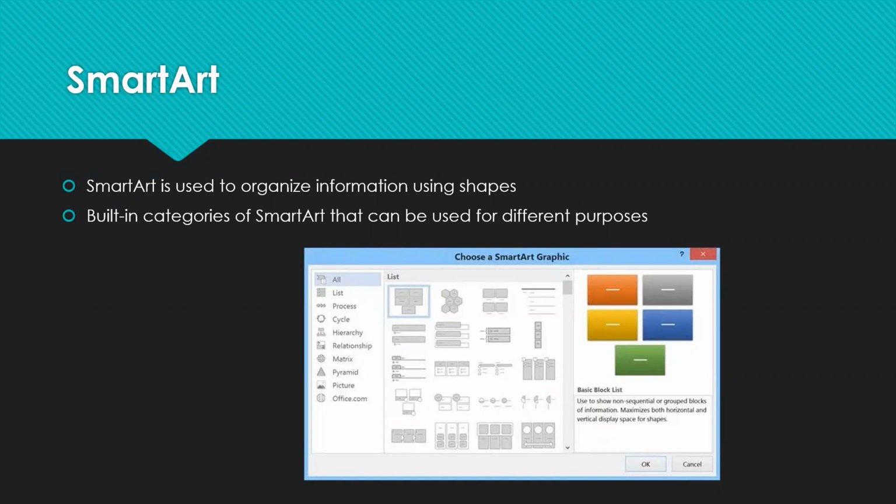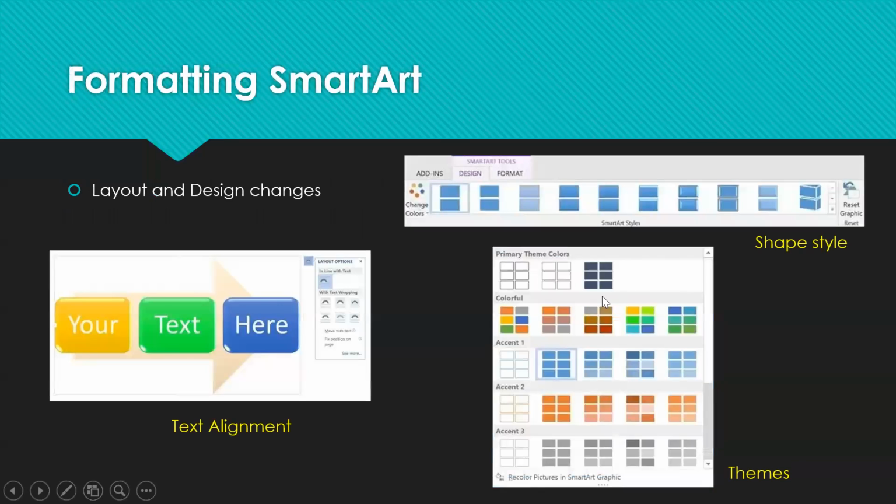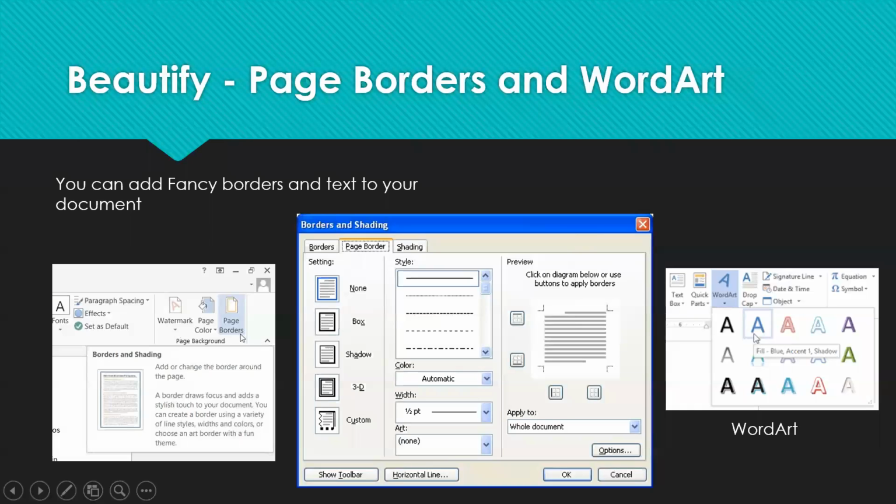And also we saw how to represent the process to apply for a job. So we used shapes using this process. Okay. Then we saw how to add borders for pages, and also we saw how to change the colors of the pages.